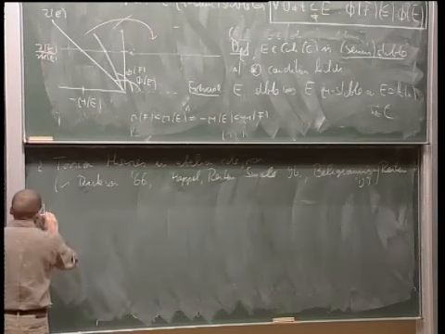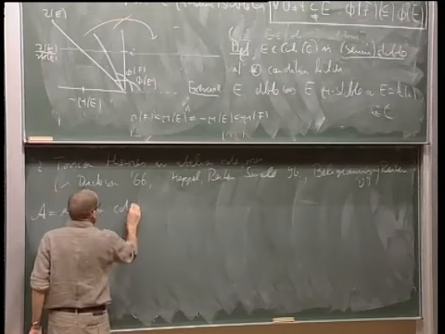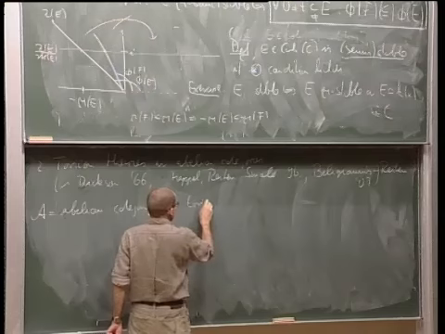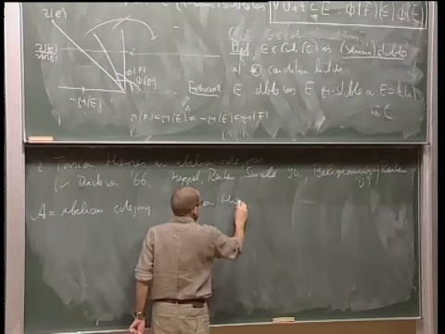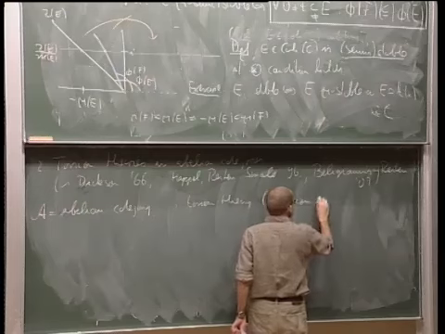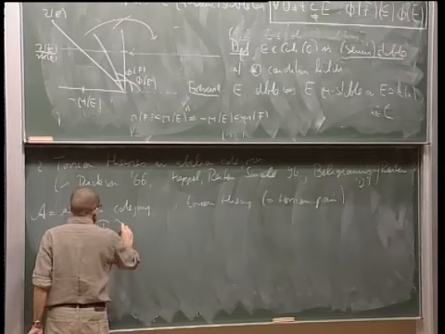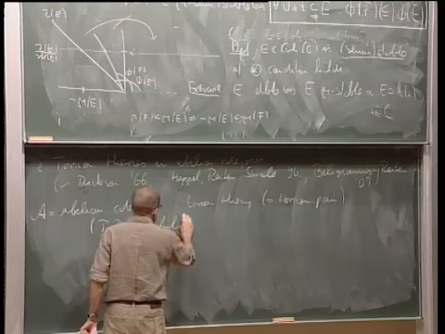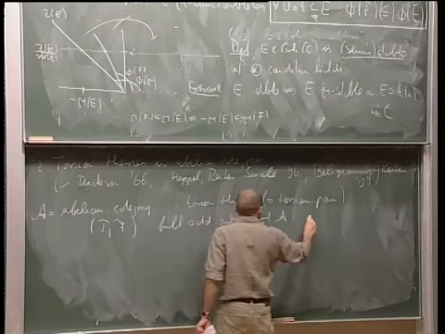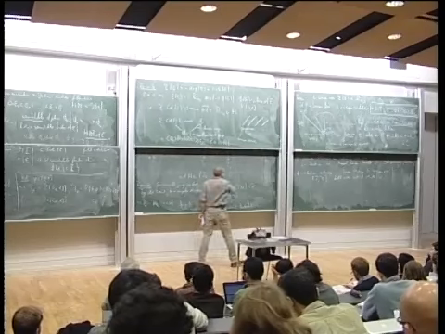And so A will usually be an abelian category. And a torsion theory, so this is the same thing as a torsion pair, consists of two full additive subcategories of A satisfying essentially these two properties.